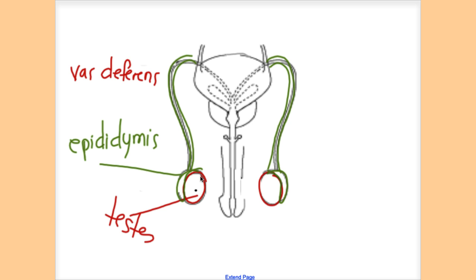The sperm will make its way through the tube, and it will pass out of the penis in a process called ejaculation.